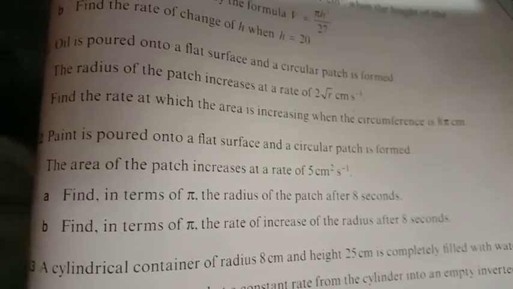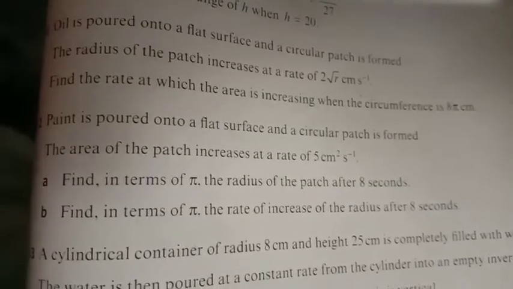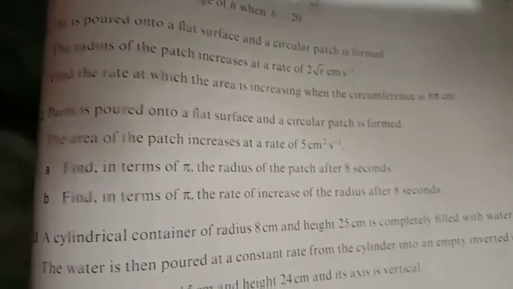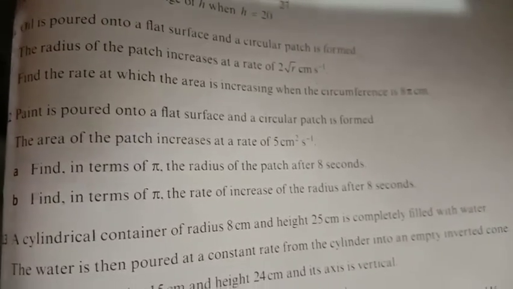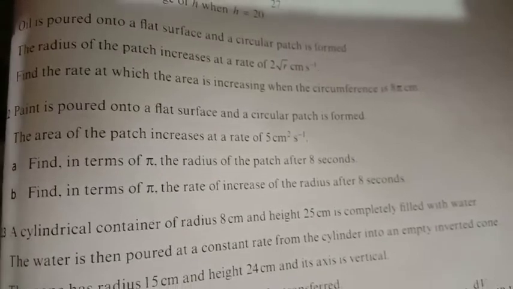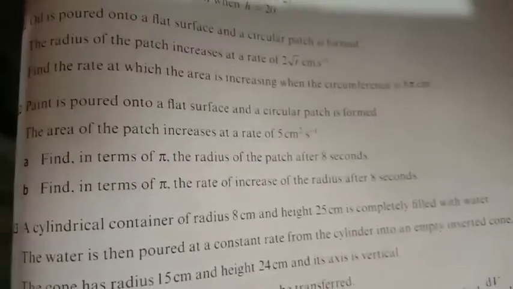And question B is find in terms of pi the rate of increase of the radius after 8 seconds. So this is nothing but paint poured onto a flat surface, so that a circular shape is formed. And that shape gets increased every second.